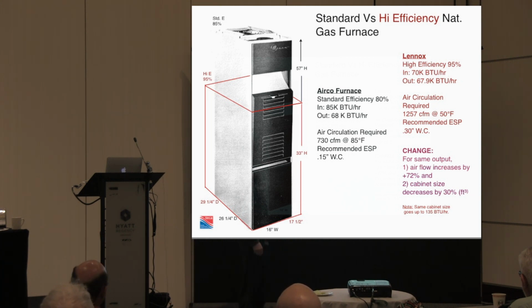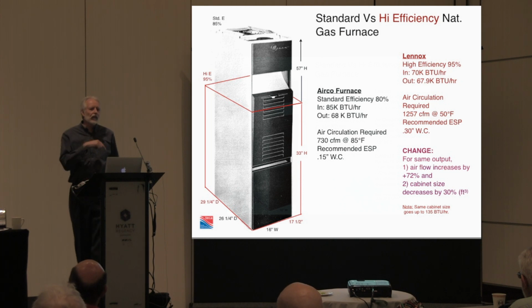And this appliance has 72% more air, but the cabinet size is shrunk by 30%. So the logical answer, if the cabinet's smaller, let's put smaller ductwork on it. Wrong-o. In fact, if you really want to be an idiot, you can buy the same cabinet shape up to 135,000 BTUs. So the cabinet shape today has nothing whatever to do with the BTUs stuffed inside.